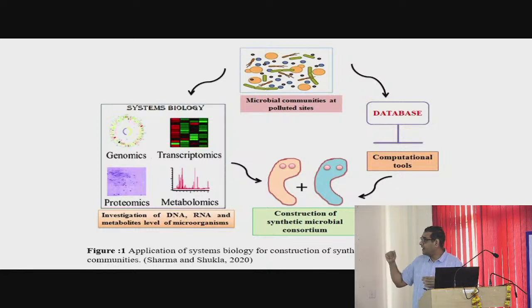So this is one area where you use these tools, genomics, transcriptomics, proteomics and metabolomics all together, to understand how a synthetic microbial consortium can be made, and when you are able to make this consortium, it will definitely be better than the existing microbial population or an individual microbial population.